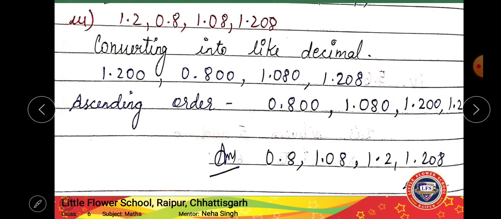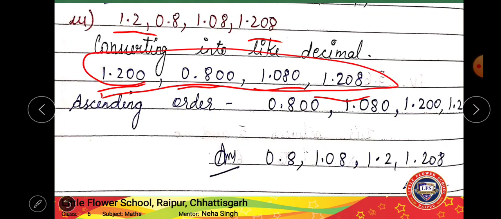Like decimals, see here it is a maximum of three places of decimals, so here we'll put two zeros, 1.200, 0.800, 1.080 and 1.208. Now it is converted into like decimals. Now we can easily compare.